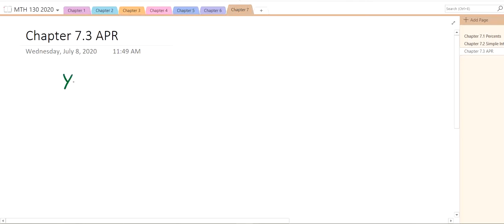Say you borrow $3,000 at, I'm just going to say R equals 0.1, 10%, and you do this for 3 years. So you have a 3-year loan.